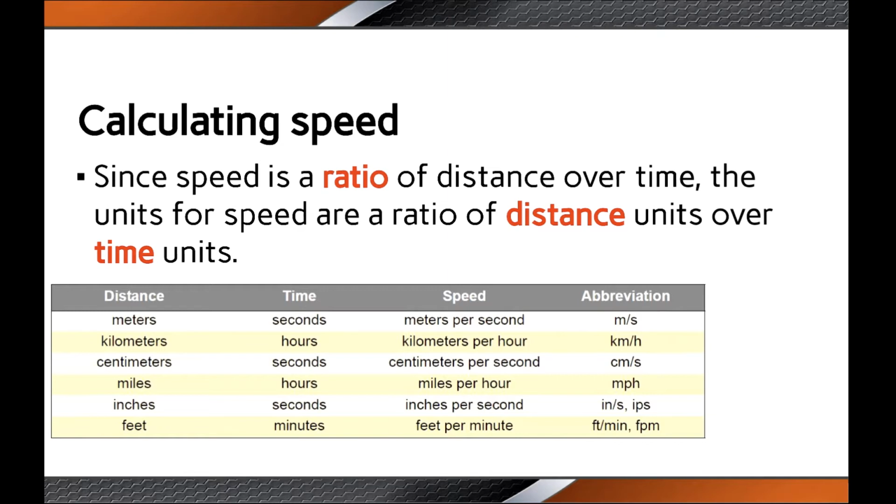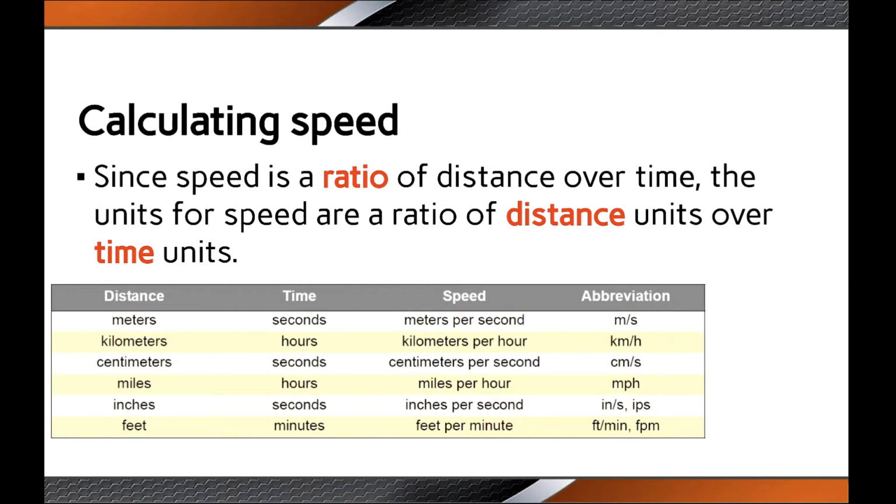Okay. And there are other types of units that we can use for this. See, the bicycler, they were traveling at meters per second. But would you use meters per second when you're on the highway? No, not really. You'd use miles per hour, or maybe if you were in Canada, kilometers per hour. And likewise, if you were traveling on the space shuttle and you're blasting off into outer space, you wouldn't use feet per second.